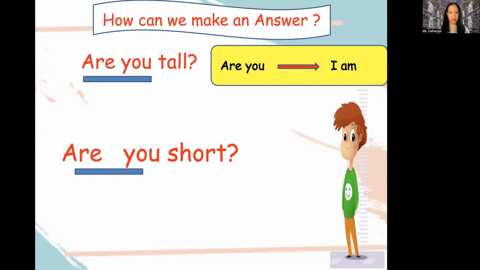How can we make an answer to are you tall? Yes. What happens after yes? Correct. Yes, comma, not apostrophe. I am tall, period. Okay. Now, I want to know if anyone caught there's a small little mistake here.